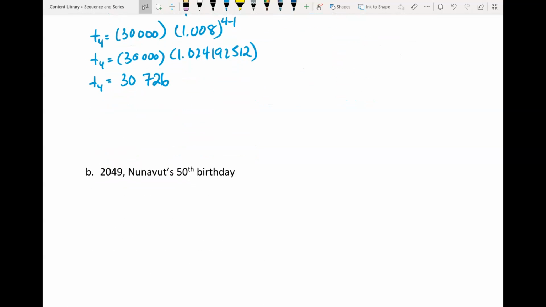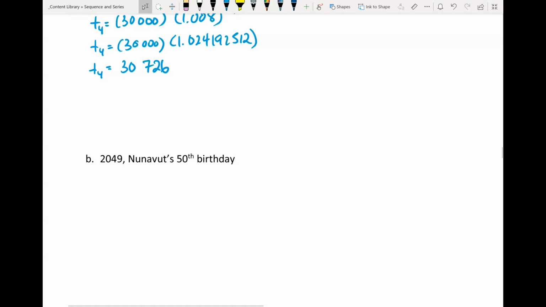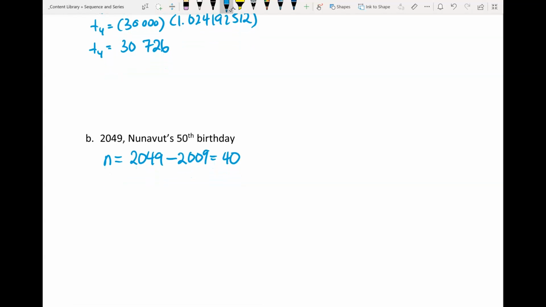Now let's do it for 2049. The first thing we're going to do is find what n is, and this would be the year we're looking for minus our starting year, which is 2009. So this would be 40 years later. So we're looking for T40 then, and we have T1, which is 30,000.